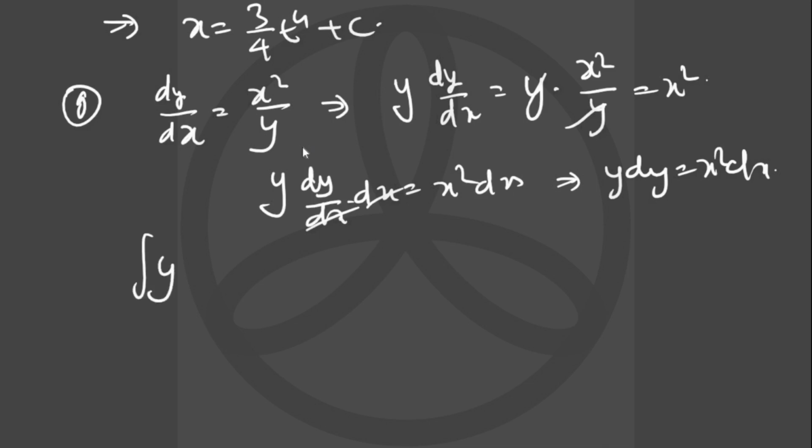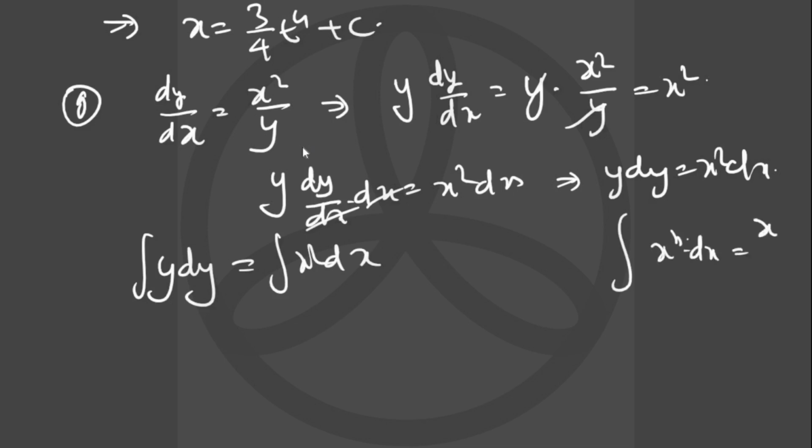Apply integration on both the sides. You remember the formula that we discussed, x^n dx is equal to x^(n+1)/(n+1). Now this will apply on both the sides here, on left hand side and right hand side.